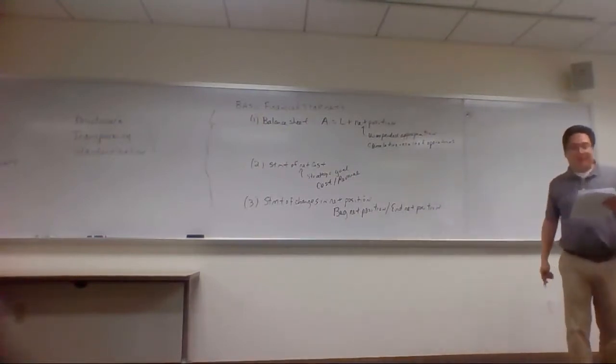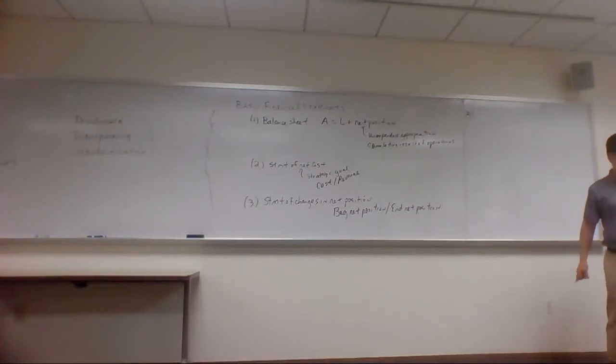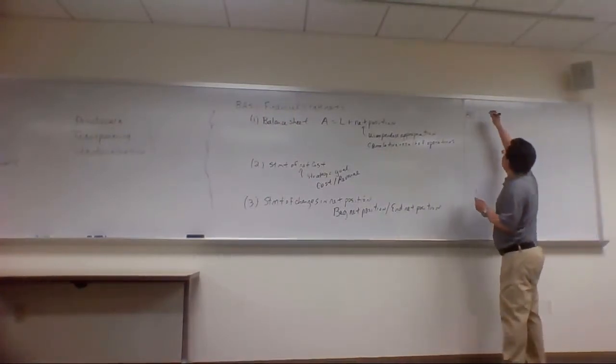What's the fourth basic financial statement? Statement of budgetary resources. This talks about two things. It talks about your budget in terms of how you obtained something and what is the status of what you've obtained. Okay, so I'll write that down.